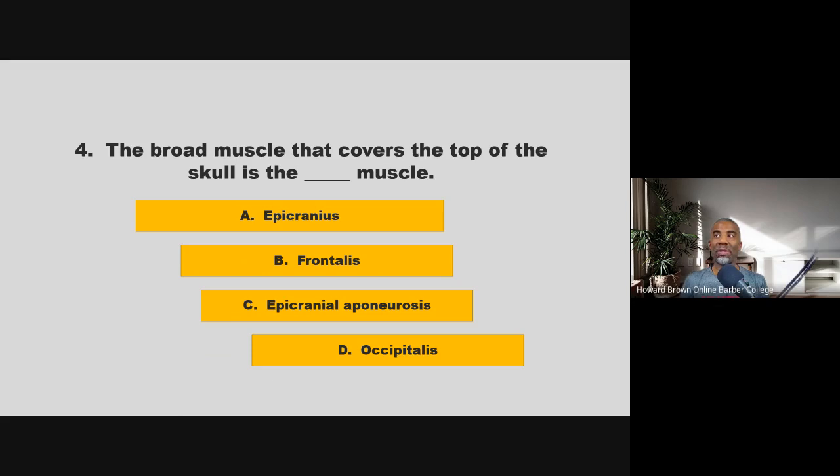The broad muscle that covers the top of the skull is the blank muscle. Is it epicranius, frontalis, epicranial aponeurosis, or occipitalis? If you chose A, epicranius, you are correct.